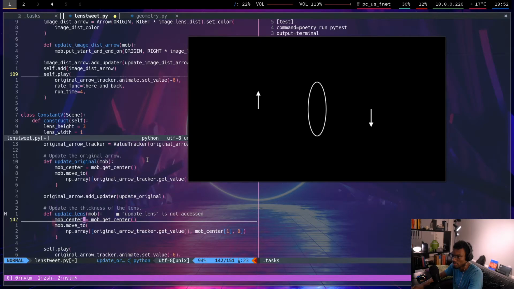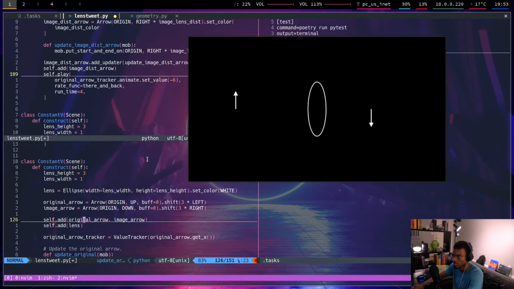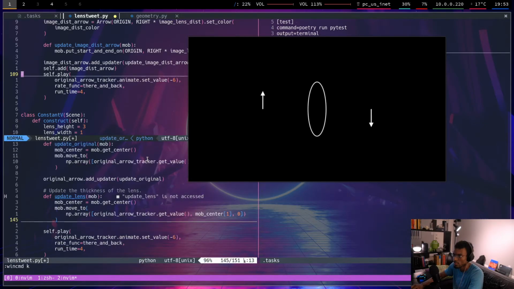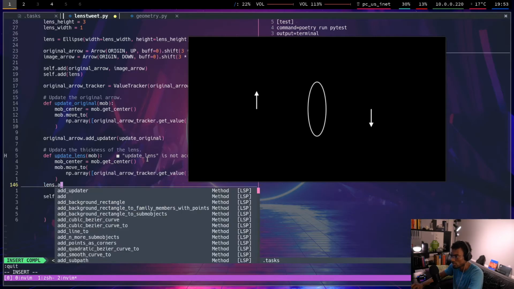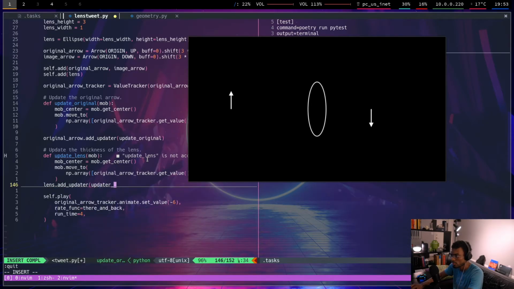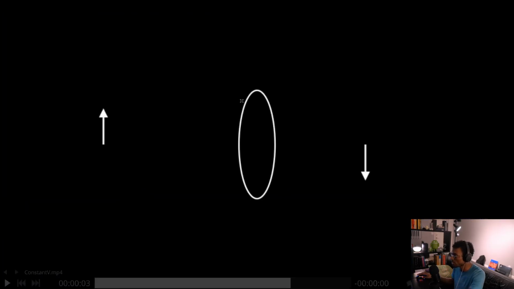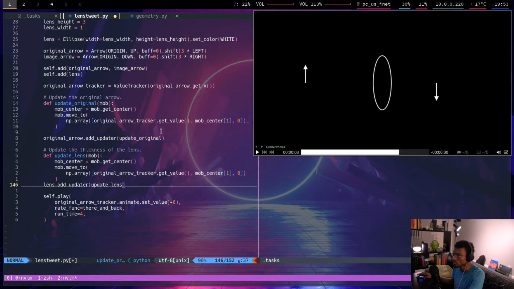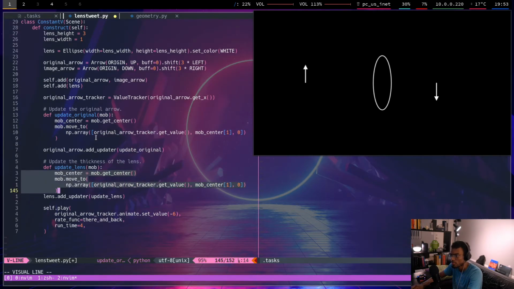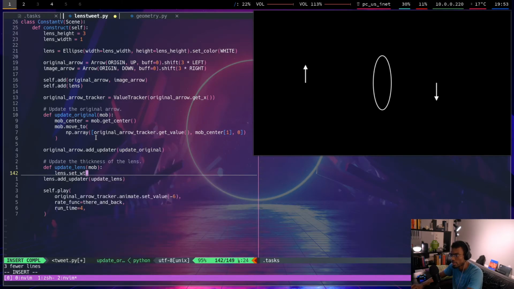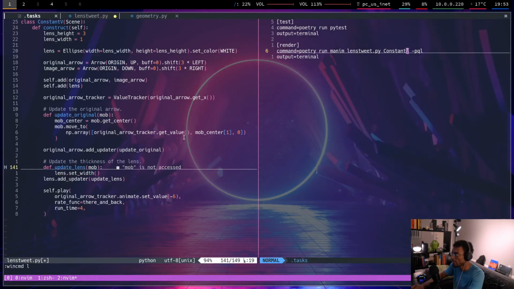Update lens down to lens updater. Update the lens. Oh, whoops, wasn't trying to do that. And this, I should do lens dot. Can you do set width? That's probably not a function. I think there's stretch to fit width or something like that.